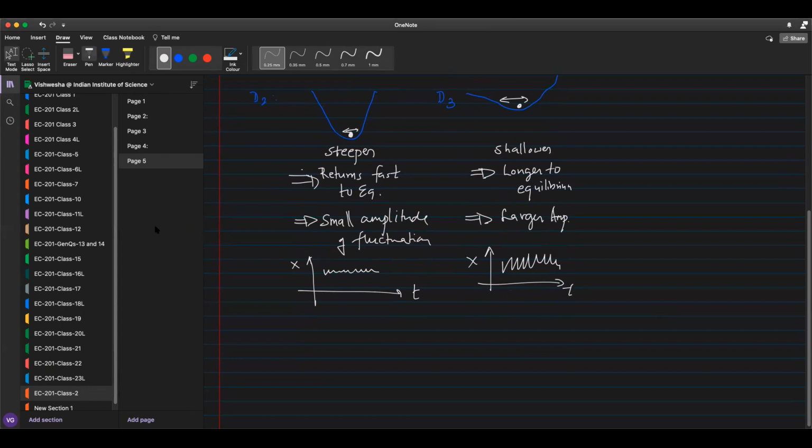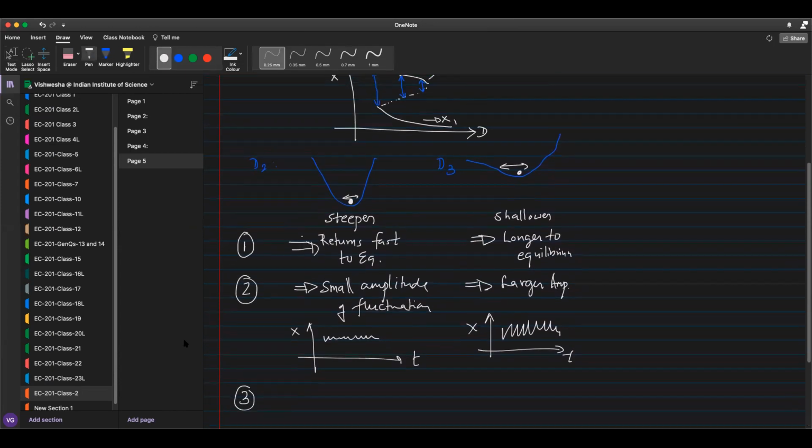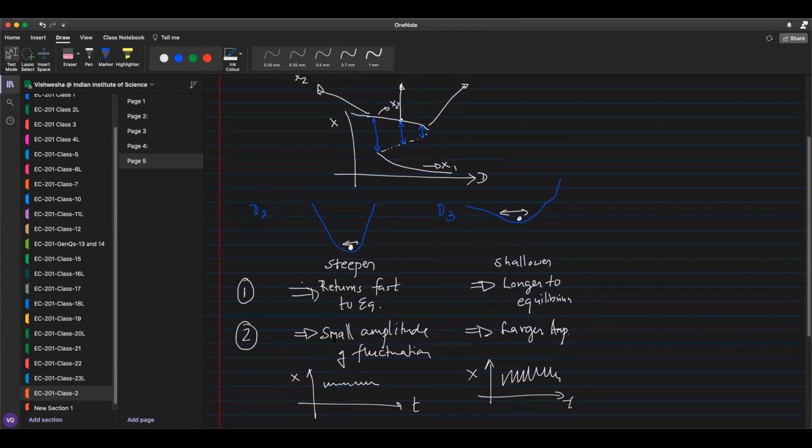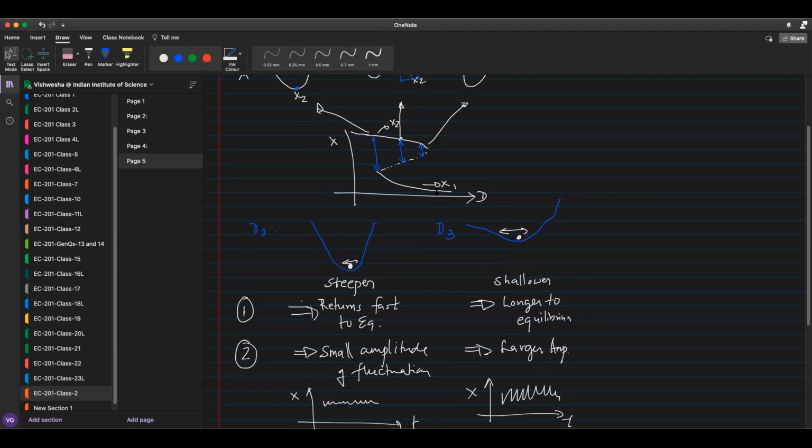Okay. Now, is there anything else that you observe, or are there only two things? Anything else about these two potentials that is different?